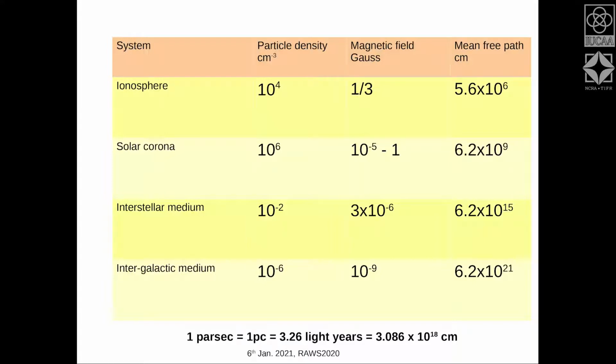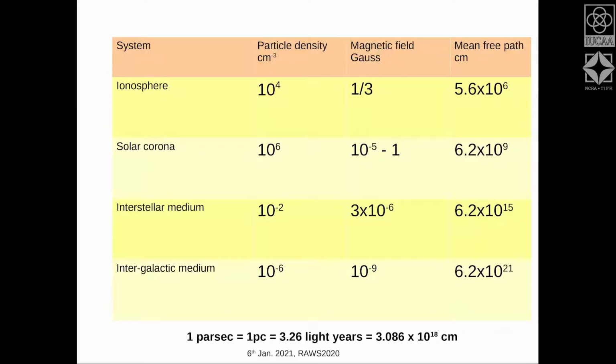Now going to interstellar-medium-like spaces, let's say the Milky Way interstellar medium, the particle densities are very low. The magnetic field is of the order of micro Gauss, and the mean free paths are of the order of 10 to 15 centimeters. You can compare this with a parsec, 10 to 18 centimeters. So this is really going very large.